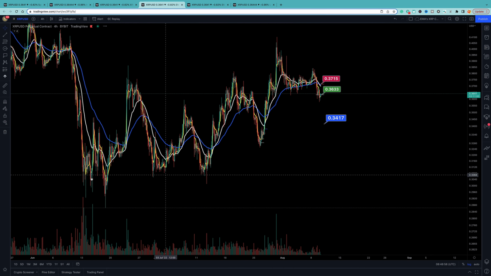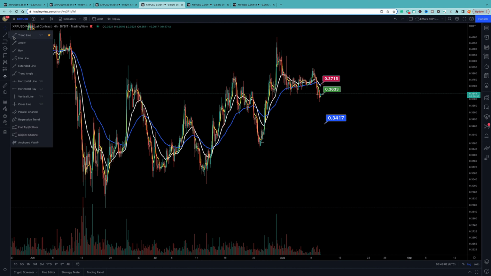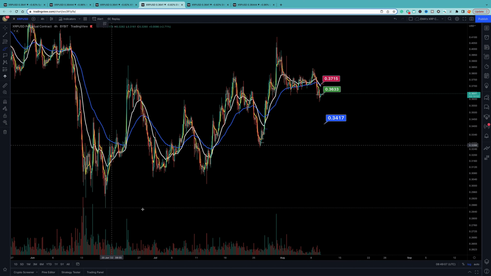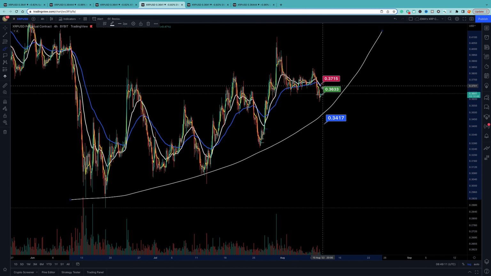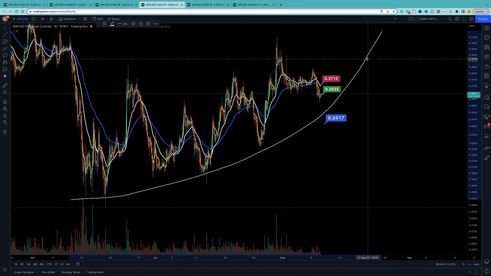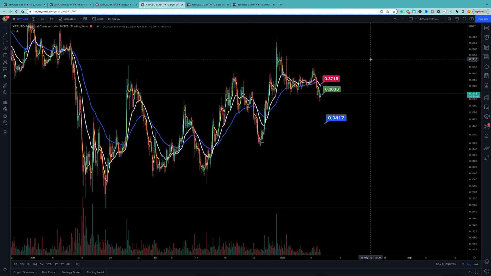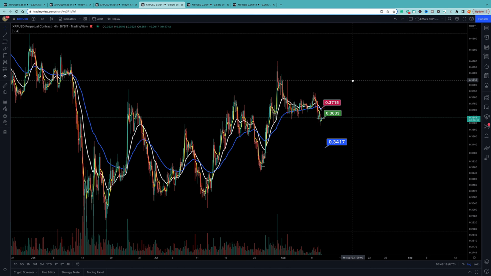If it was continuation for the upside tomorrow, potentially, you can see that it would still fit that curve, having a nice drop down here. So we've got to see how the MAs turn tomorrow and how price action behaves.